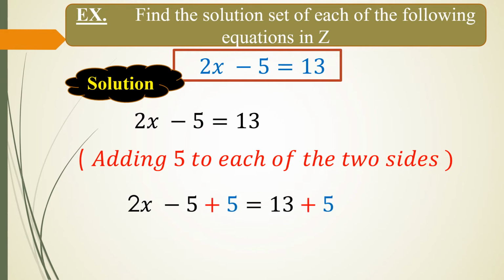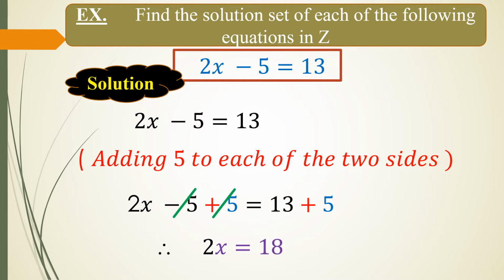And this gives 2x minus 5 plus 5 equals 13 plus 5. Now I cancel minus 5 and plus 5, these two numbers. Any number plus its inverse equals 0. So the left hand side will be 2x and the right hand side will be 18.